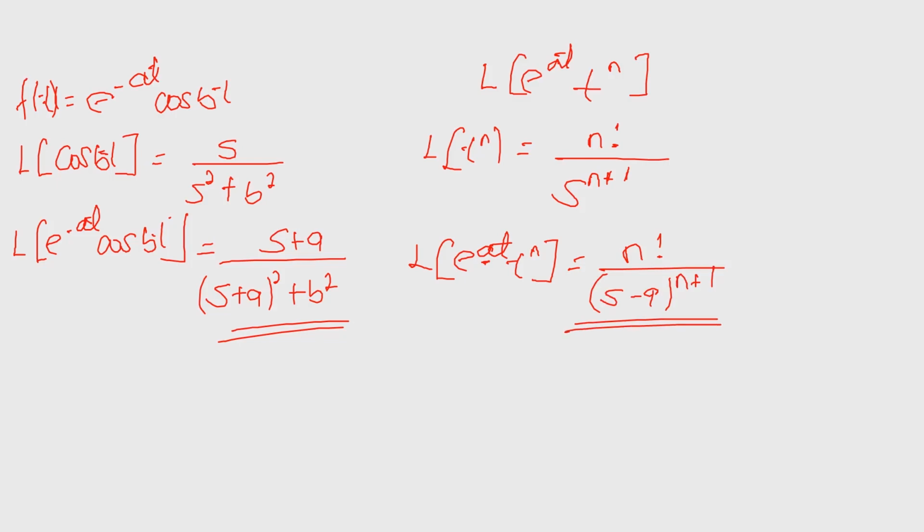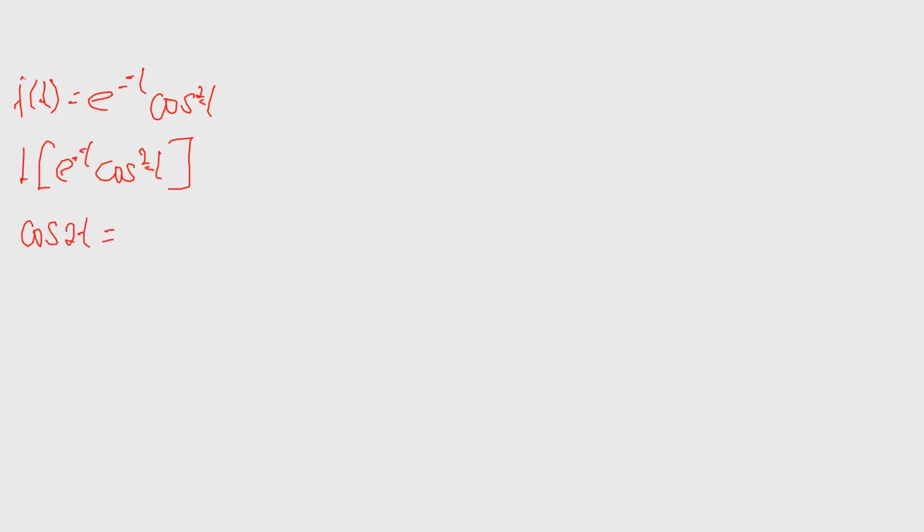Let's go to another example. Find the Laplace transform of f of t equal to e raised to the power of minus t, then cos t squared. Don't forget that in trigonometry, cos 2t is the same as 2 cos squared t minus 1.